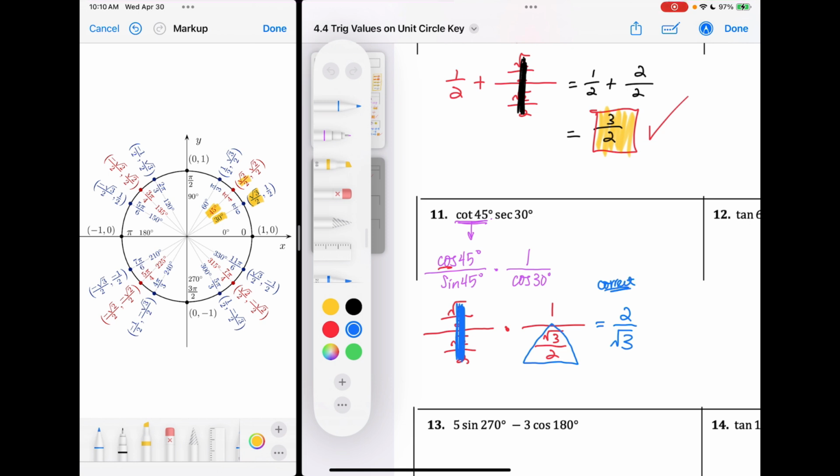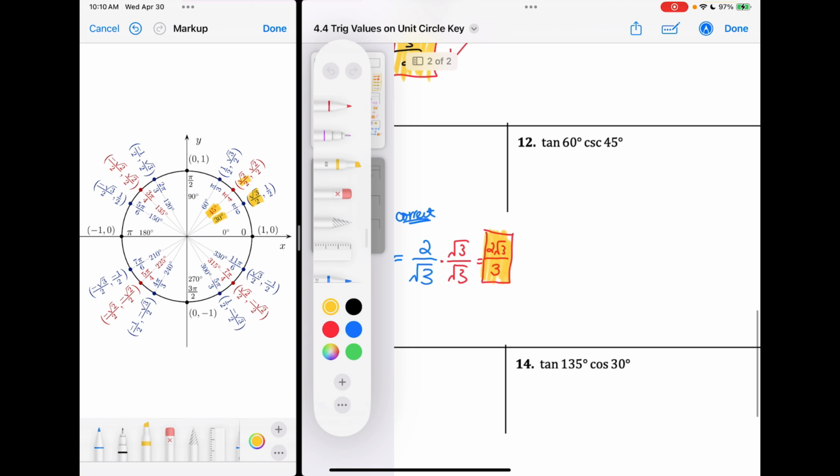This answer is correct, but not perfect, because we do not want to see the radical in the denominator. So I need to rationalize that. I need to multiply by square root 3 over 3. So once I do that, I got 2 times square root 3 over 3. And ooh la la, this will be my final answer: 2 square root 3 over 3.